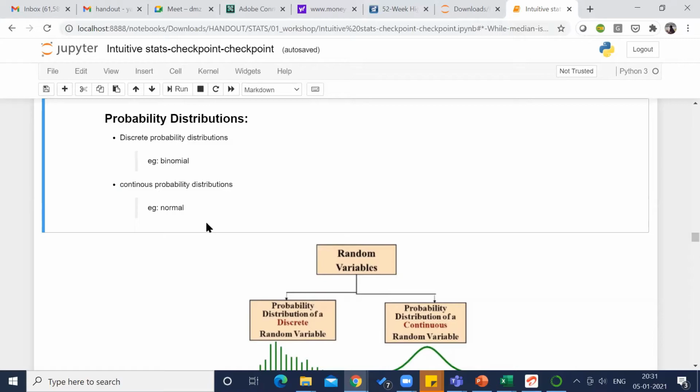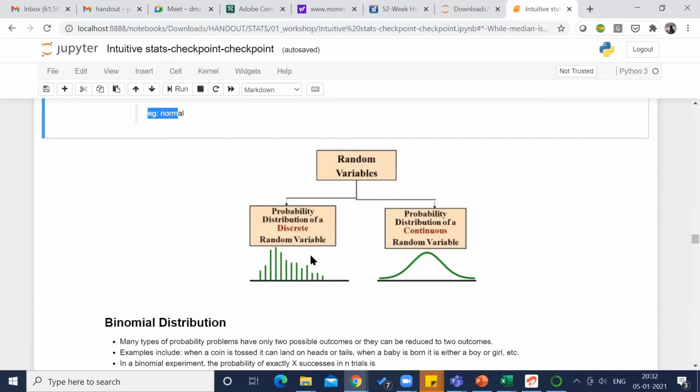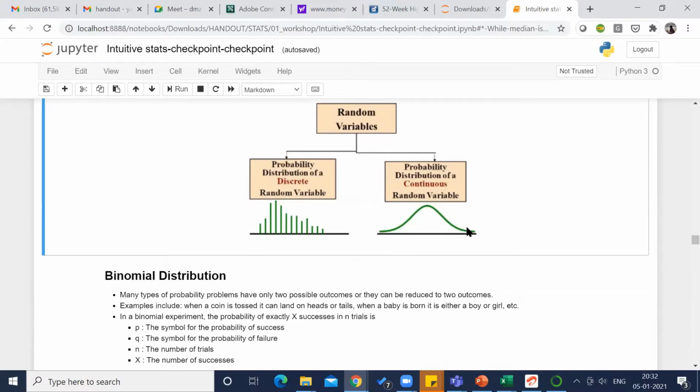Or when you decide how exactly to create a model on a certain variable. And the difference between discrete and continuous is just this: the distribution for a discrete random variable will look like this, right? But the same thing for a continuous random variable would look more like this, the way we were looking at distributions.